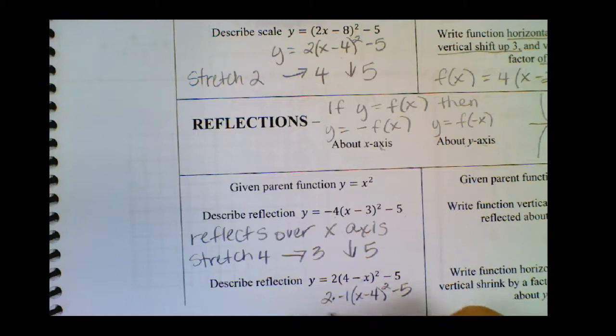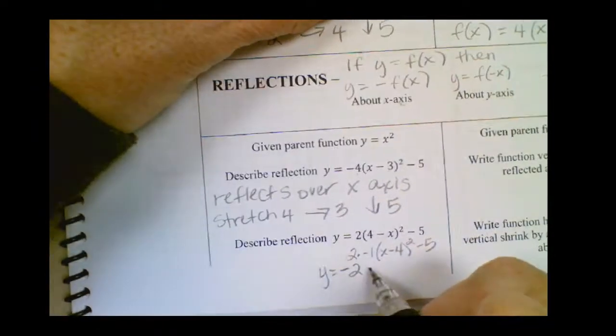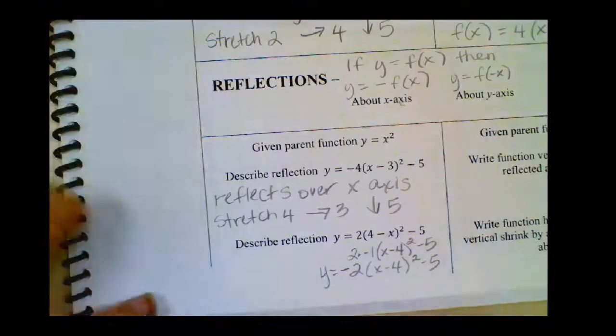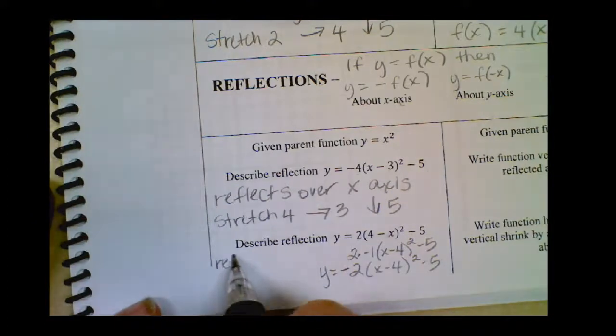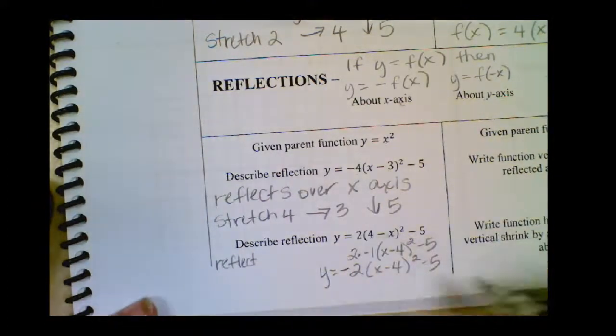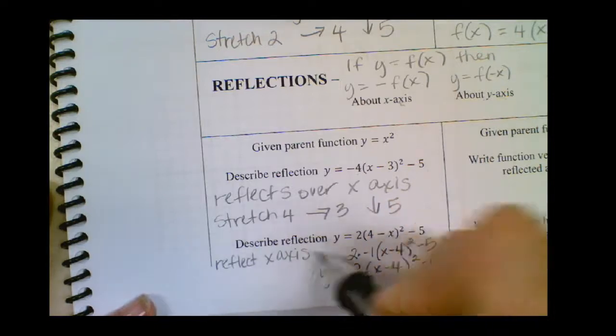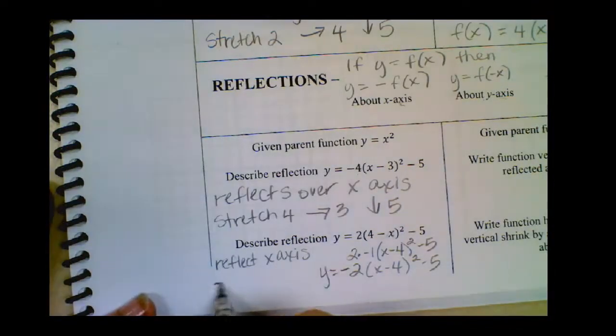So this really becomes -2 times x minus 4 squared minus 5. So that tells me I have a reflection about the x-axis again, and I have a horizontal shift to the right of 4 and a vertical shift down of 5. Okay.